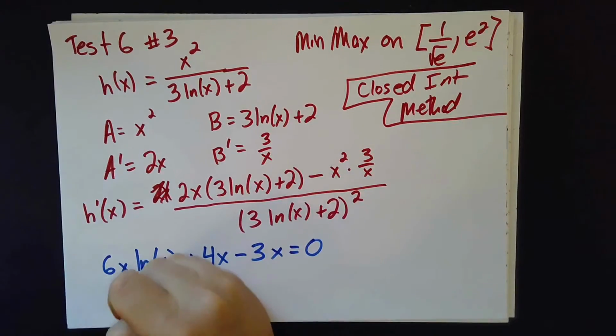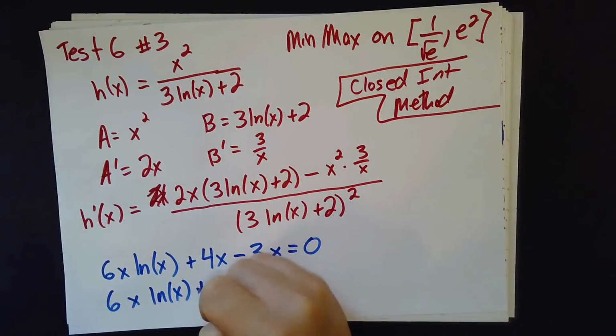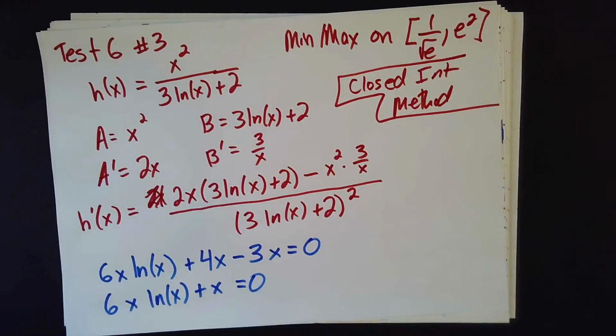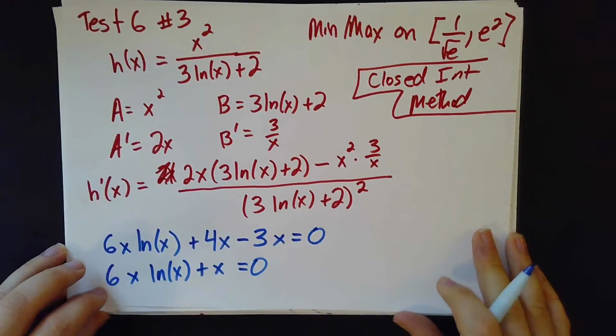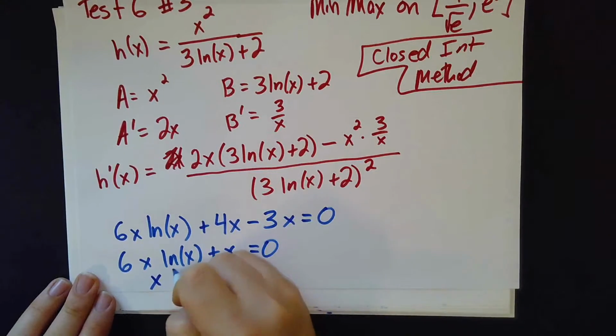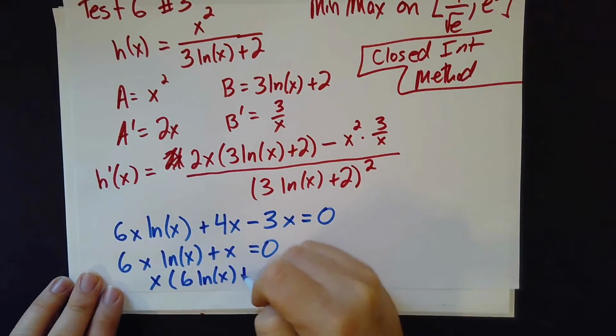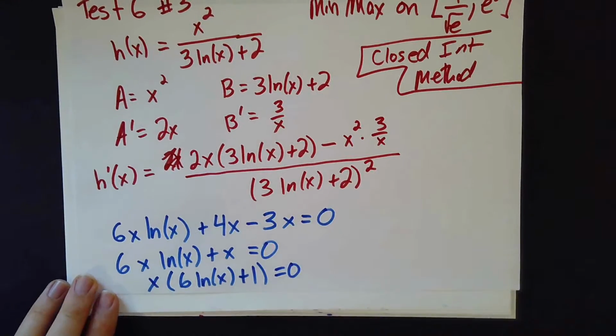Okay, so this is 6x log of x plus x equals 0, which then is x times (6 log of x plus 1) equals 0.